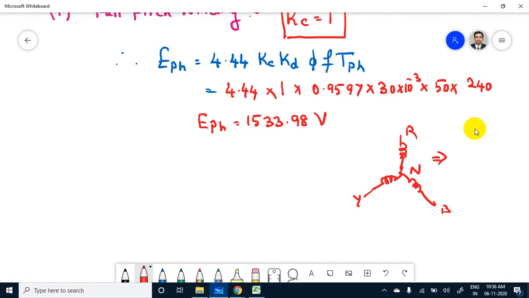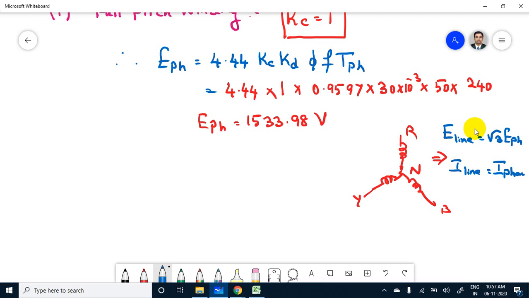In star connected alternator, the line voltage E line equal to root 3 into E phase, but the current I line equal to I phase.